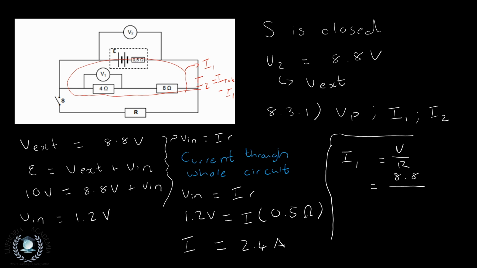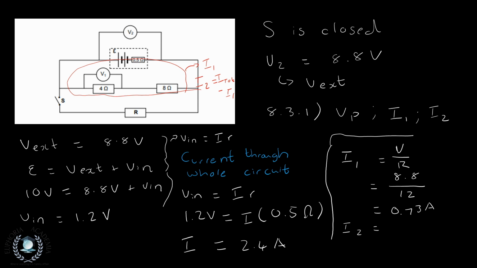So that is going to be 4 plus 8, which is going to give us 12, and our I1 is actually going to be a value of 0.73 amps, and like we said before, our I2 will be equal to our I total minus this I1 value that we have.